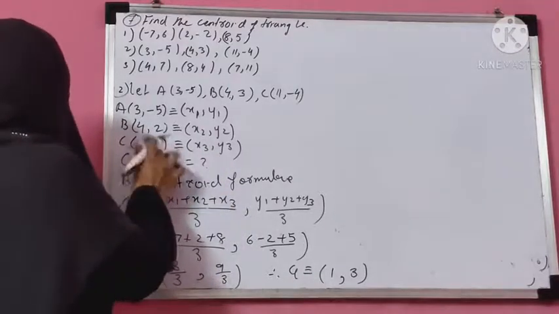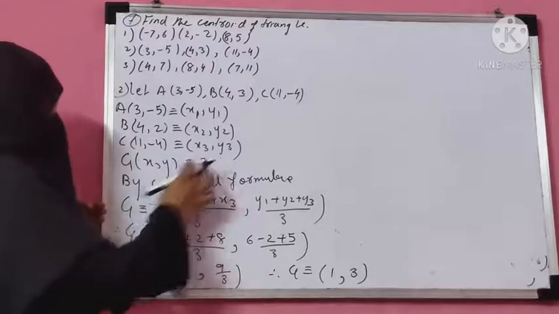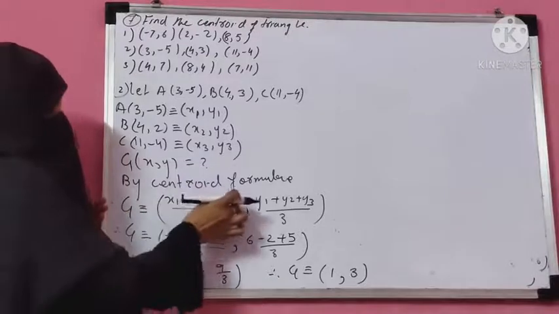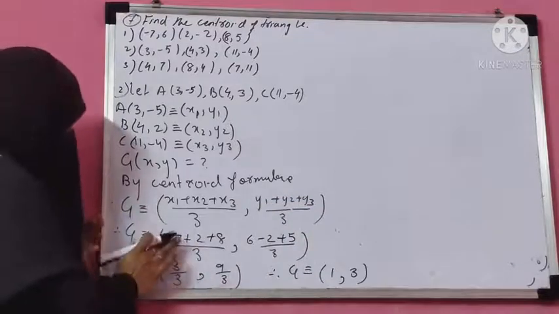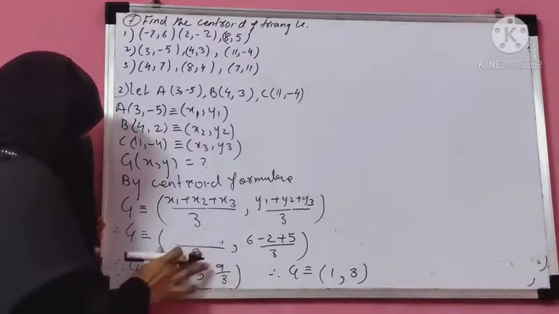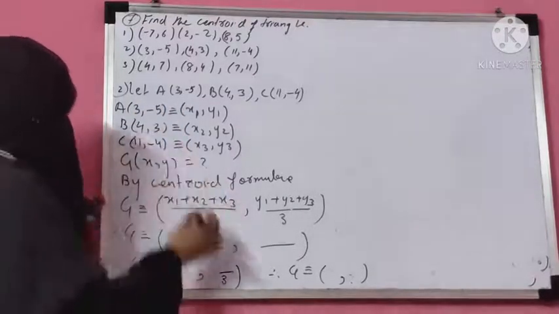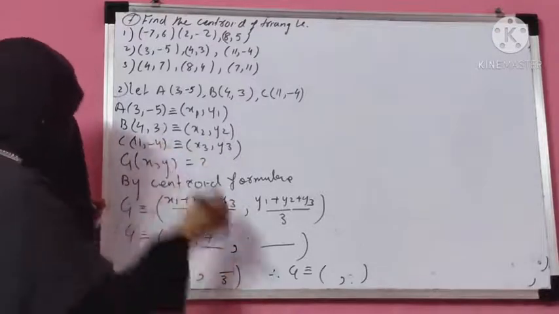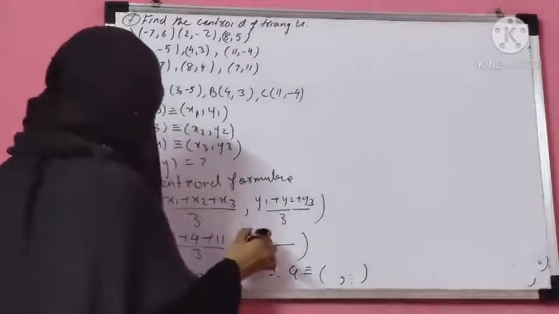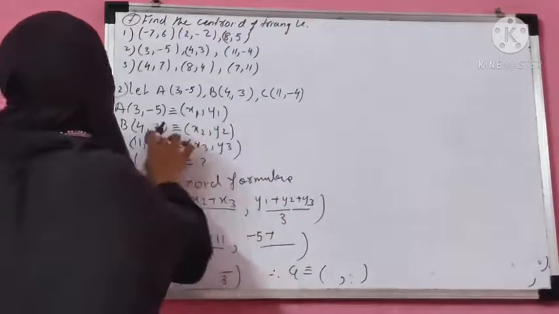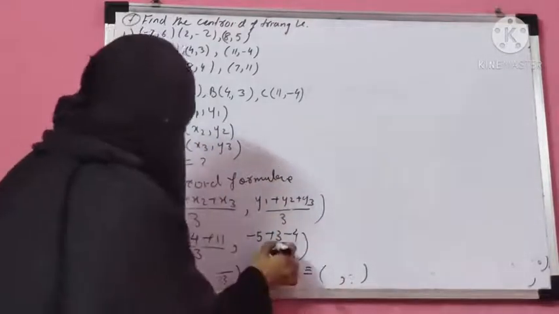Now point C is 11, -4, and you have to find the coordinate of the centroid. By the centroid formula, x1 plus x2 plus x3 divided by 3, y1 plus y2 plus y3 divided by 3. Substitute the values: x1 is 3 plus x2 is 4 plus x3 is 11 divided by 3. Next y1 is -5 plus y2 is 3 plus y3 is -4, divided by 3.